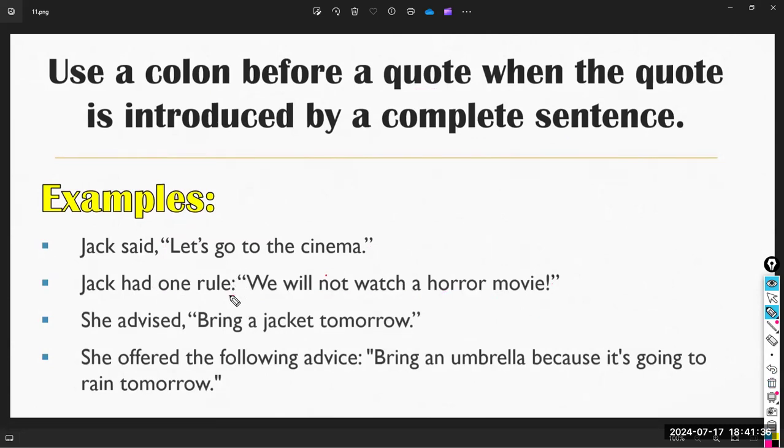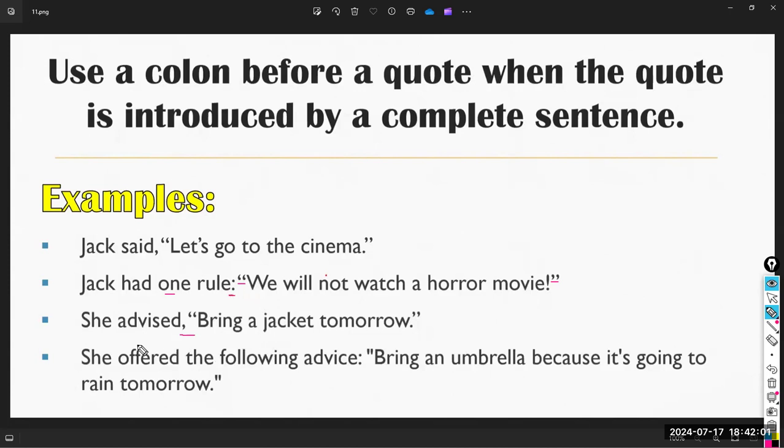Absolutely. Notice that I use the colon and I use the quotation marks or the two inverted commas next to each other. It's absolutely correct. But because I want to mention that one rule and because it is introduced by a complete sentence, this is why I have to write a colon.